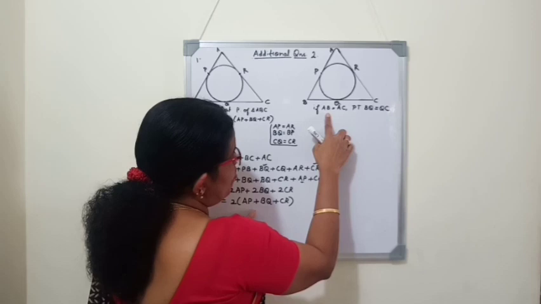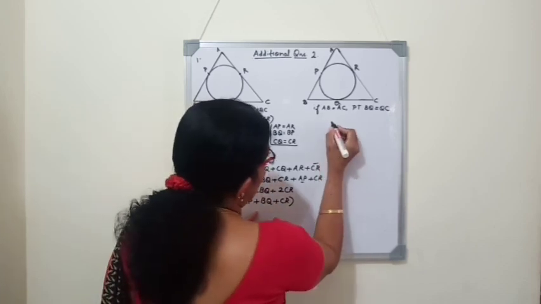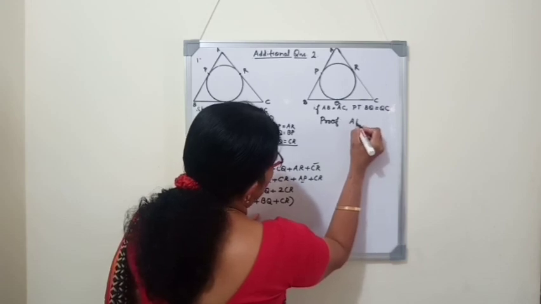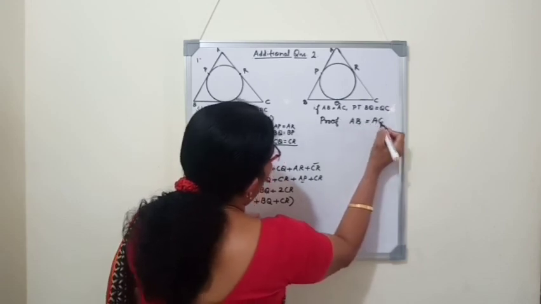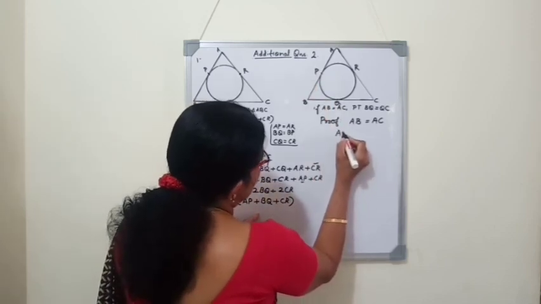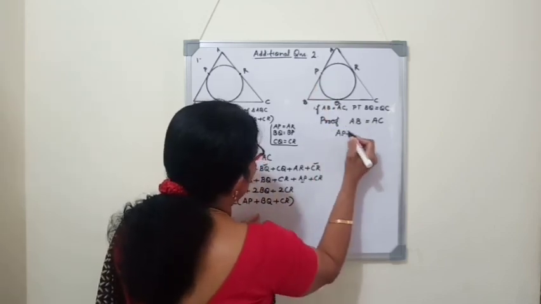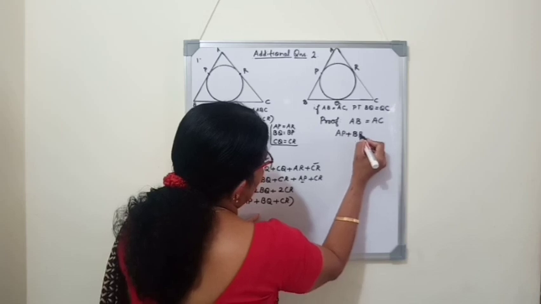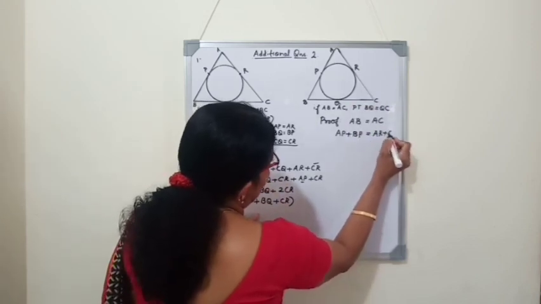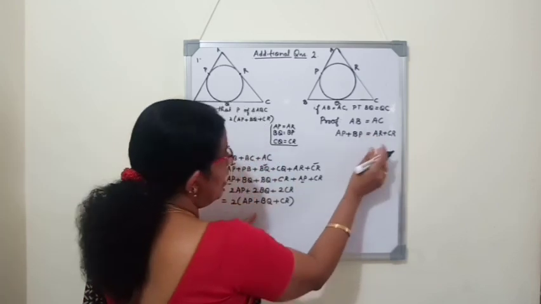Now, AB is equal to AC, already given. So, we will write in the proof, AB equals AC. How can we write AB? AB can be written as AP plus BP, and AC can be written as AR plus CR. So, we split AB and AC.